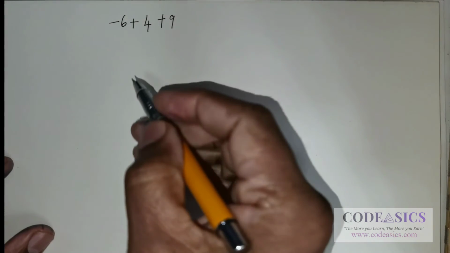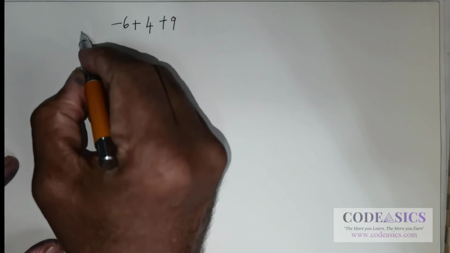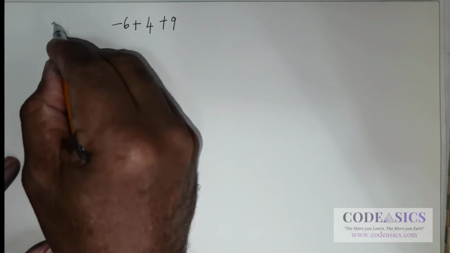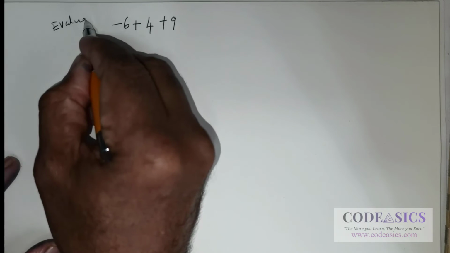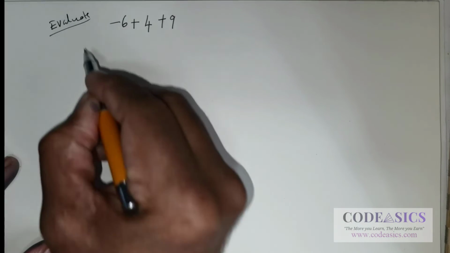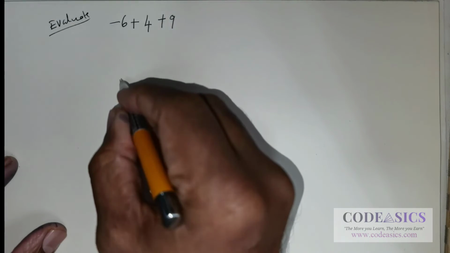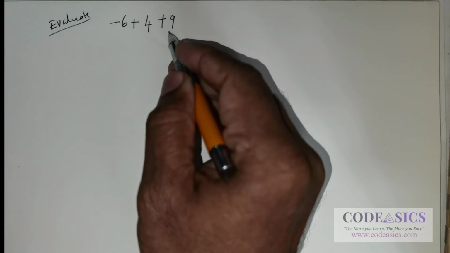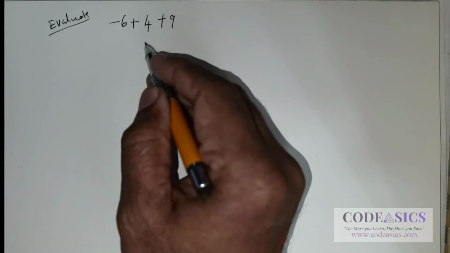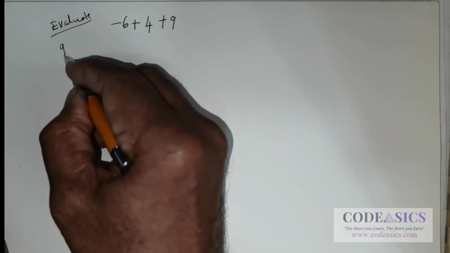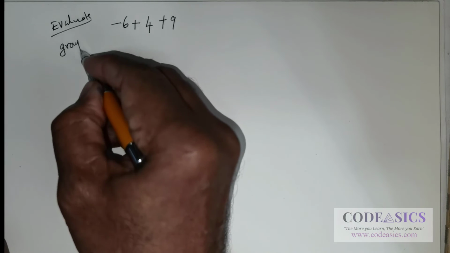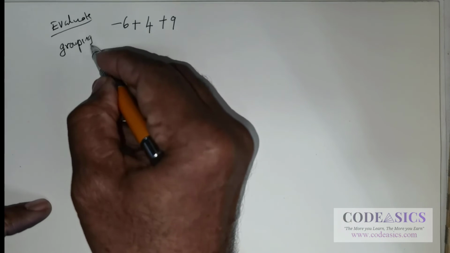So students, we are given this question, we are asked to evaluate. So how do we do this? Now you have negative 6 added with 4 added with 9. So this is a little bit bigger expression. For this, we adopt the technique called grouping.